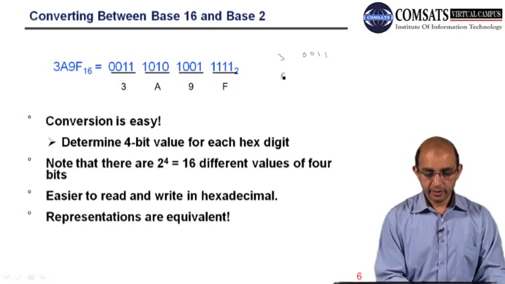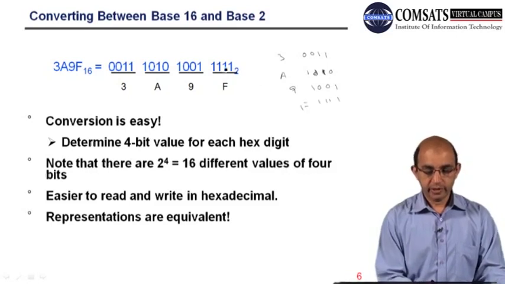For A, that is 10, we have 1010, which is 8 plus 2. For 9 we have 1001. For F we have all ones. So you can see that each hexadecimal digit is represented by a 4-bit binary number.